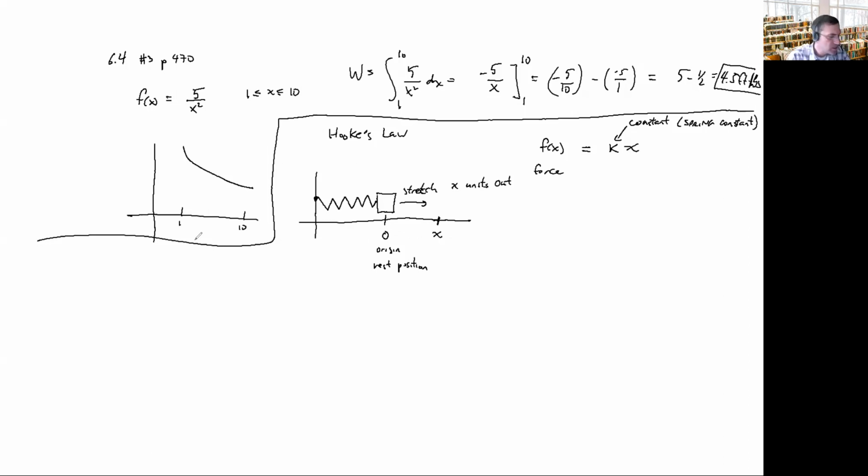So here is an example. We're given a spring with a natural length, that's a rest length, of 1 meter.